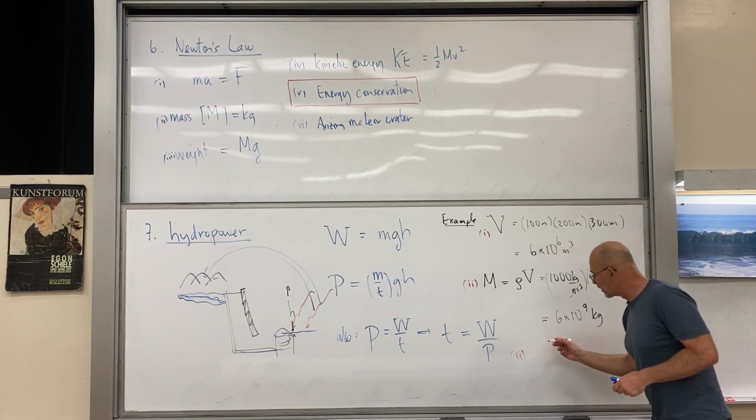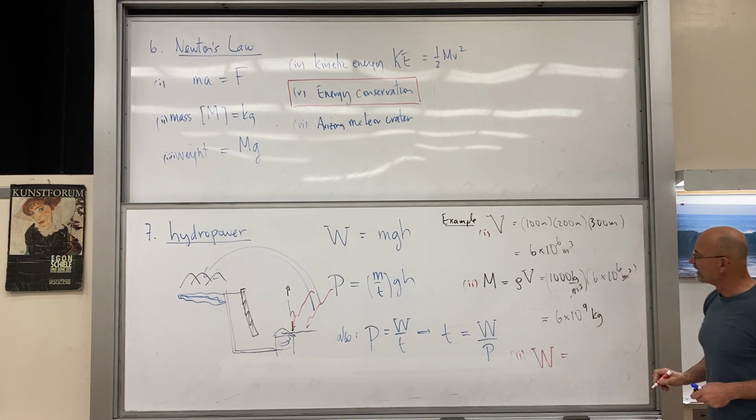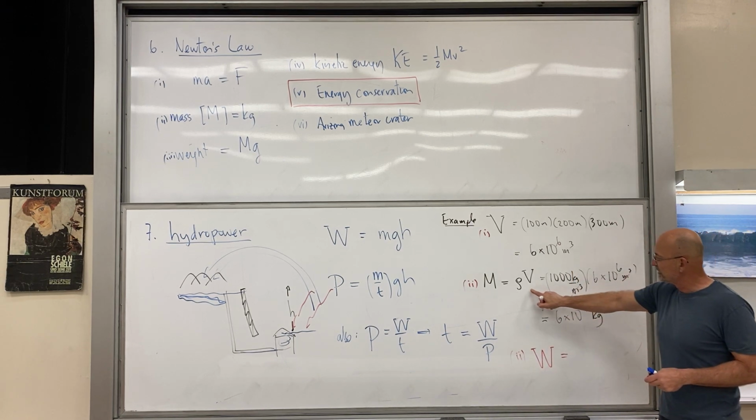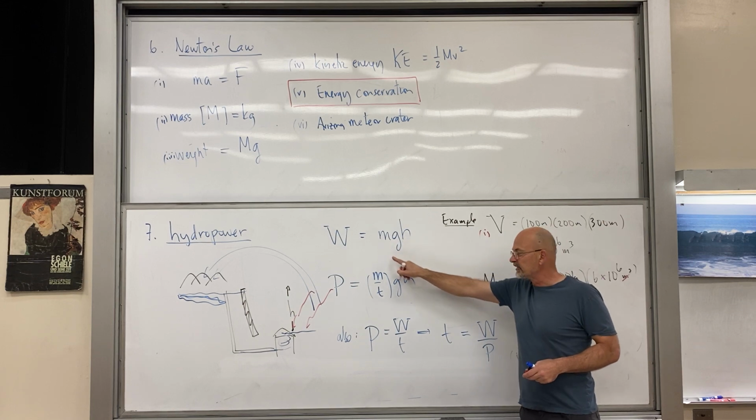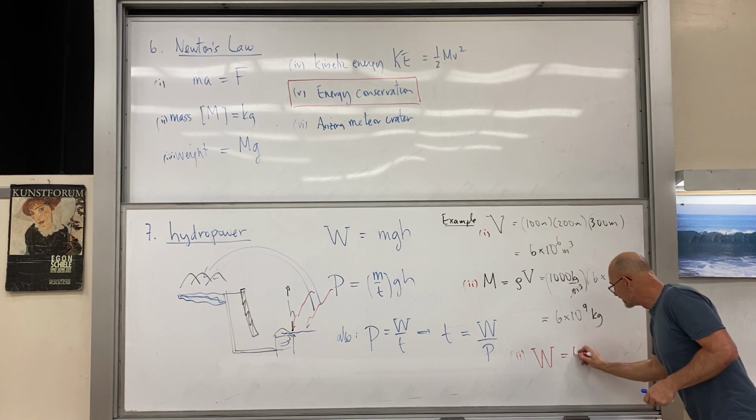So if I wanted to know the potential energy, I would say I've got the mass, capital M, that's my lowercase m, times G times H. So we would have 6 times 10 to the 9 kilograms.